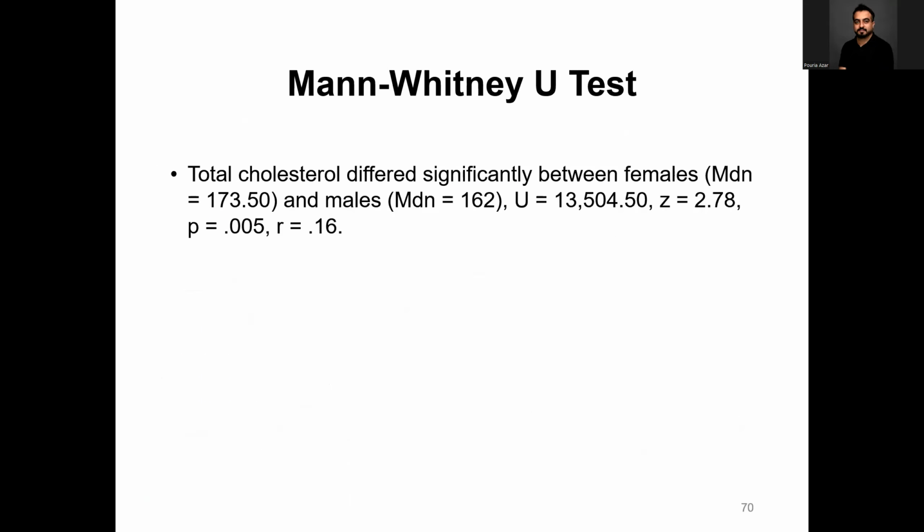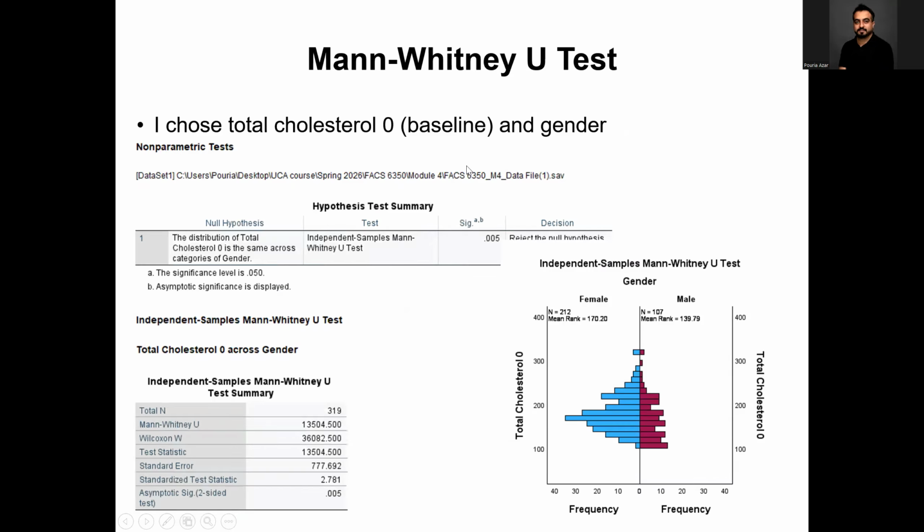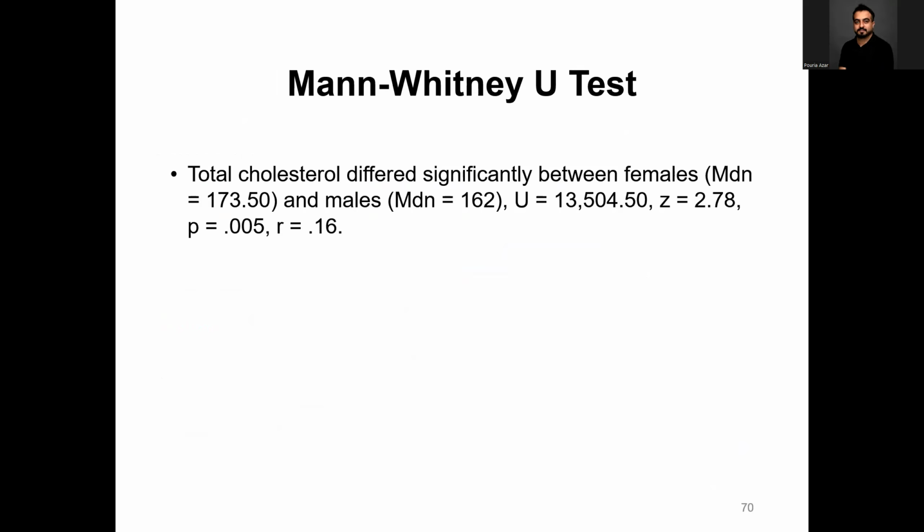Then I would go ahead and report the results. I would say, based on this table here, where the p-value is less than 0.05, total cholesterol differed significantly between females (in parentheses the median) and males (in parentheses the median for males).